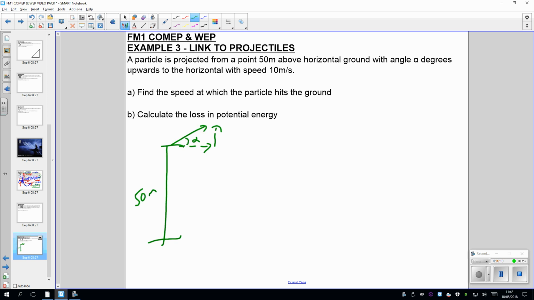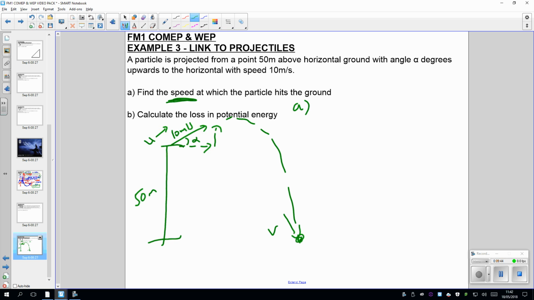And the whole speed is 10 meters per second. Okay, so this is u, isn't it? U is 10 meters per second. Hits the floor with some v meters per second. It says find the speed at which the particle hits the ground. So it's not asking for vertical or horizontal, and I don't need it.